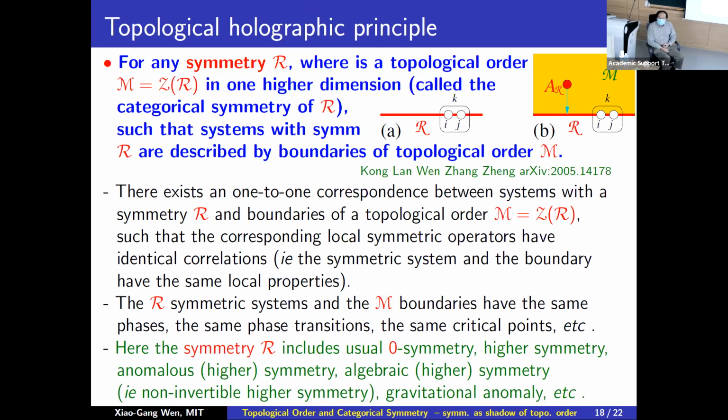Because topological order is very general, there are topological orders for which we don't know the corresponding symmetry. We struggle especially with invertible topological order, whether it corresponds to any symmetry or not. Should we view invertible topological order as some lower-dimensional symmetry? We have trouble thinking about that. Invertible topological order is actually the most unlike symmetry, but non-invertible ones are very much like symmetry. So this is really how we use it.